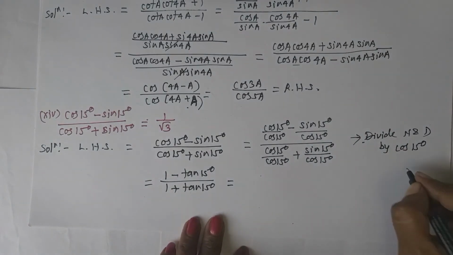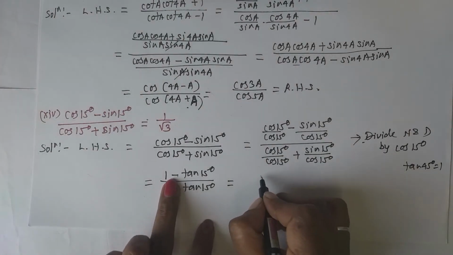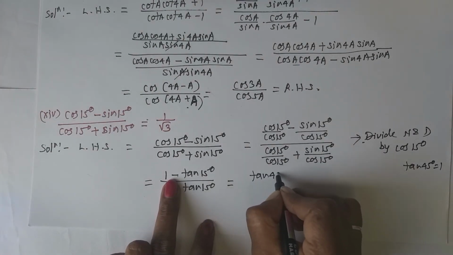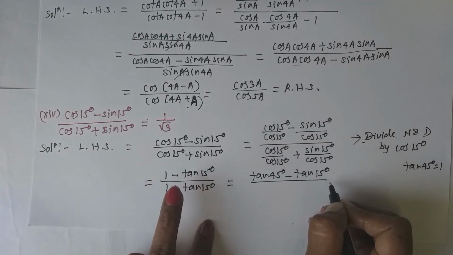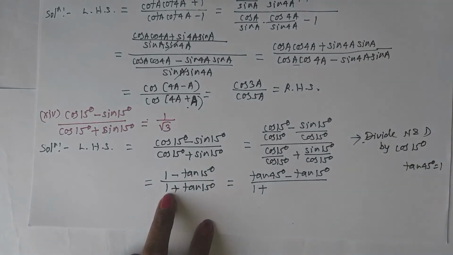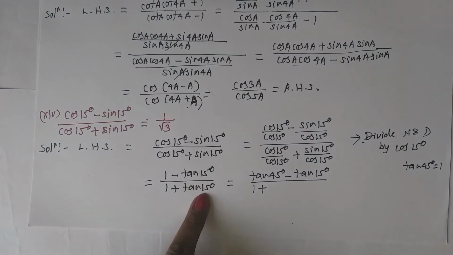Now I know that tan 45 degree is 1. Okay. Then for this 1 I will keep tan 45 degree. This minus tan 15 degree as it is, and in the denominator instead of this one, there is always one in the product of any number.